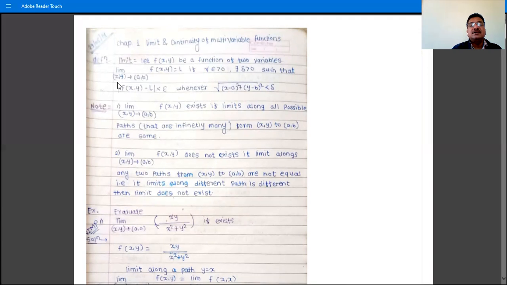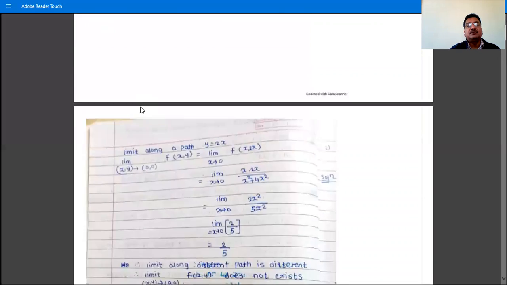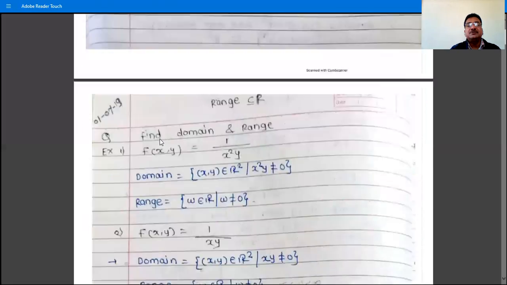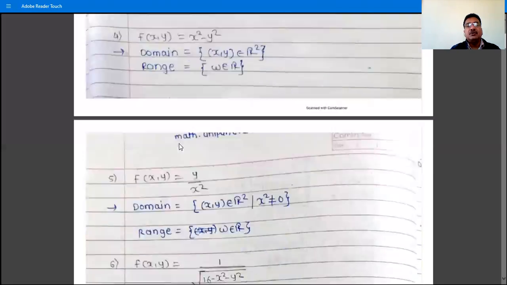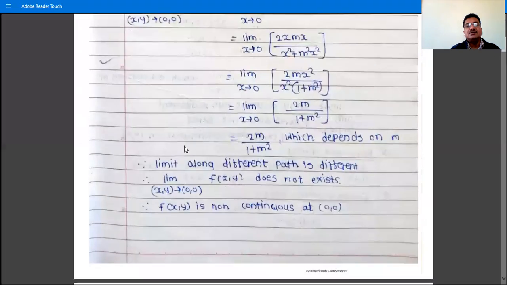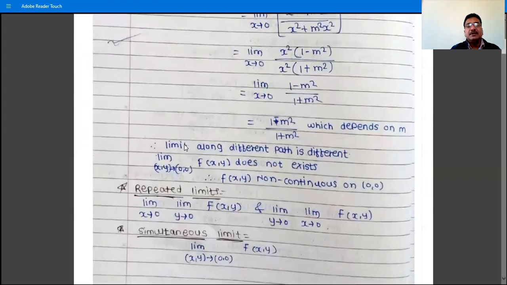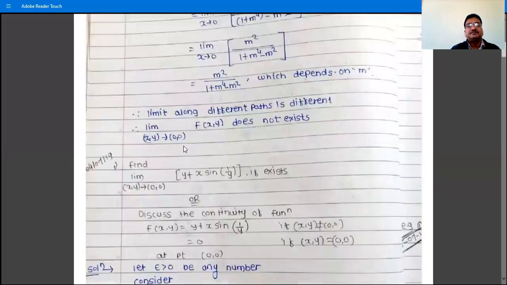For that, consider mod f(x,y) minus 0 and show it is less than epsilon whenever root x square plus y square is less than delta. So start from mod f(x,y) minus 0. We have to show the limit as (x,y) tends to (0,0) of this quantity f(x,y) is equal to 0.